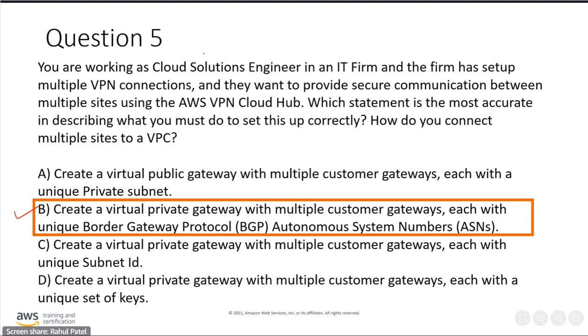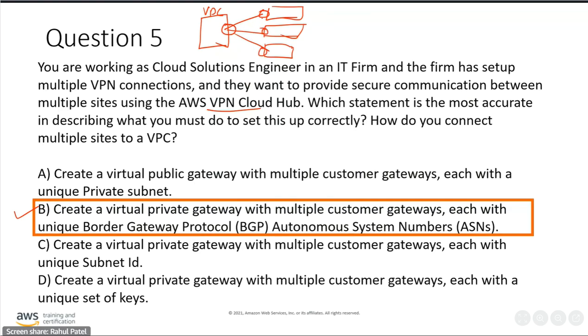Okay, so the scenario here is this is our VPC, and here we have multiple customer sites. When we are creating this VPN CloudHub, we have a VPG, that is a virtual private gateway, and multiple customer gateways are available here.